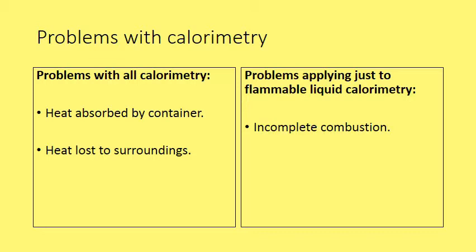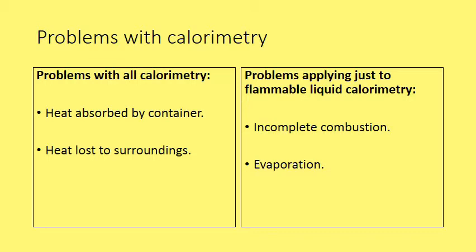That's the first one, and the second one is that by nature they are volatile, so you're going to lose some to evaporation. Some of the mass that you measure has been used won't have been burnt, it might have evaporated.